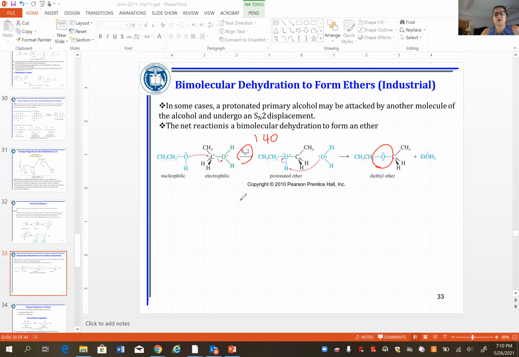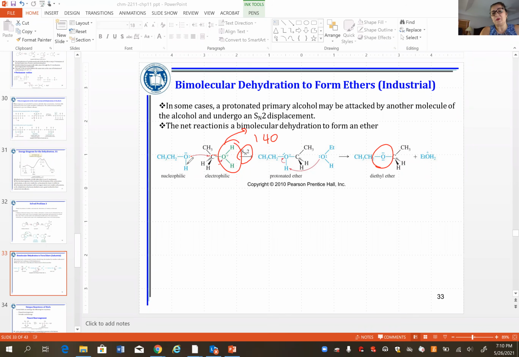So you cannot expect OH to leave. Since you cannot expect OH to leave, the OH must be protonated. When the OH is protonated, we change to H2O as a leaving group, and you have a very good leaving group here. Then the alcohol can act as a nucleophile, and the leaving group would leave.